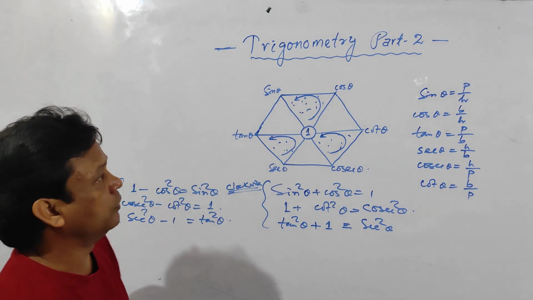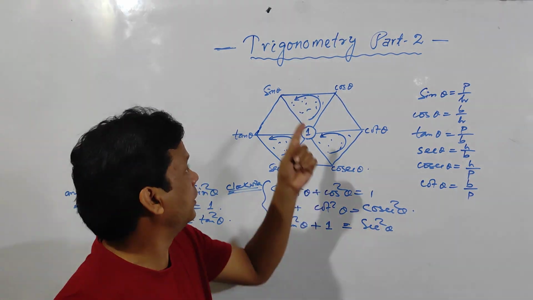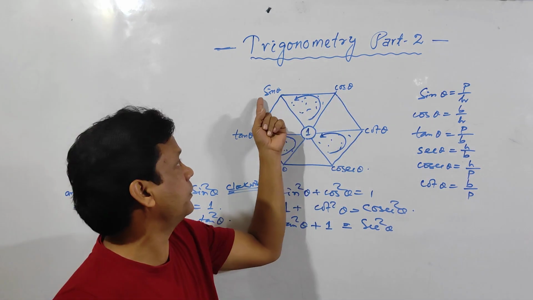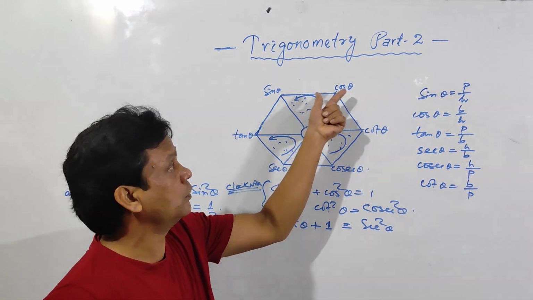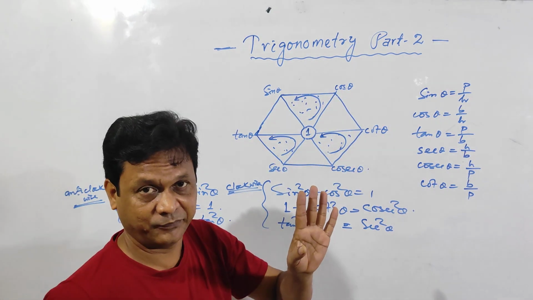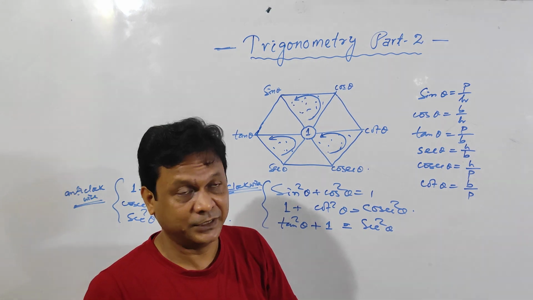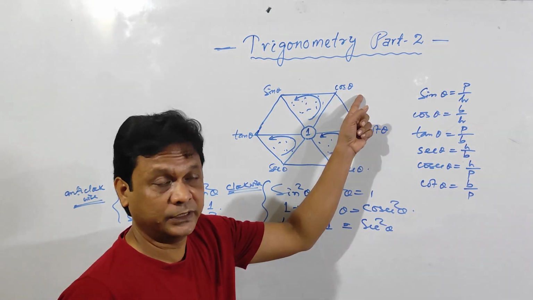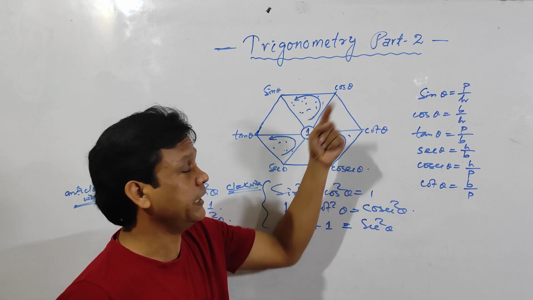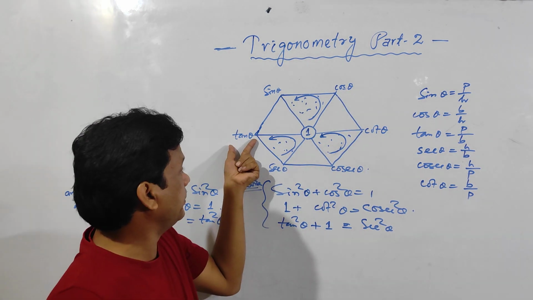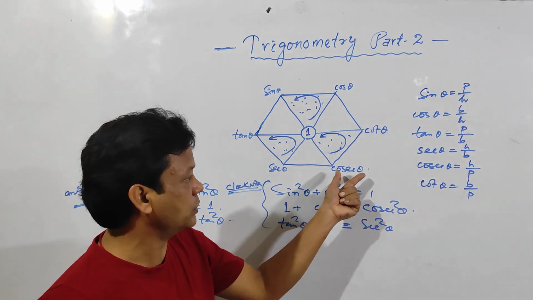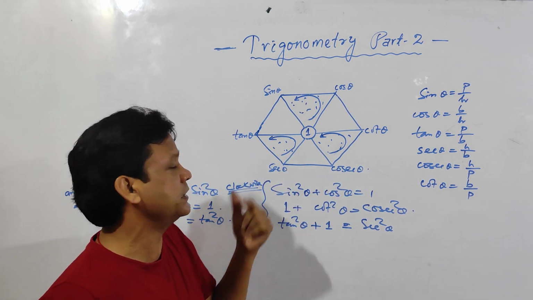Okay. Now, already I have told you in my previous video, the cosine is the complementary function of sine. So sin theta is equal to cos of 90 minus theta, or sin of 90 minus theta is equal to cos theta. These are complementary functions of each other. If this is theta, this will be 90 minus theta. So tan of 90 minus theta is cot theta, cot of 90 minus theta is tan theta. Sec of 90 minus theta is cosec theta, and cosec of 90 minus theta is sec theta.